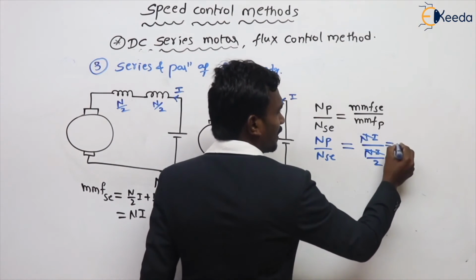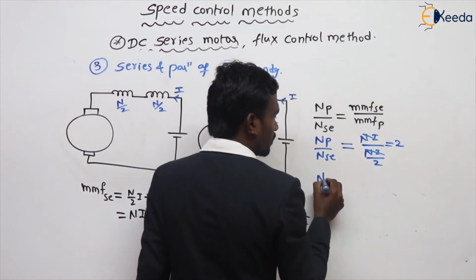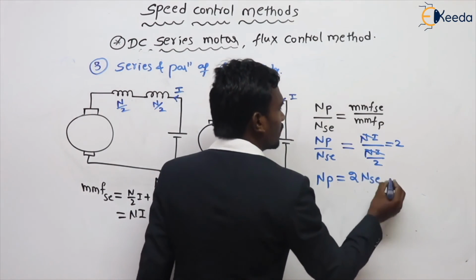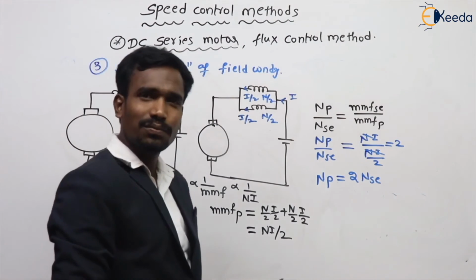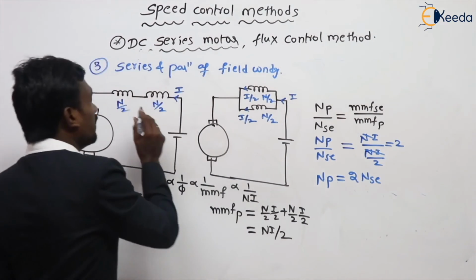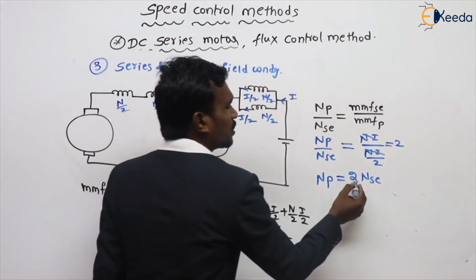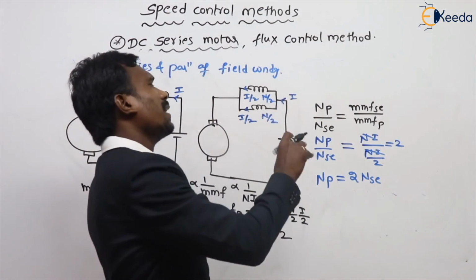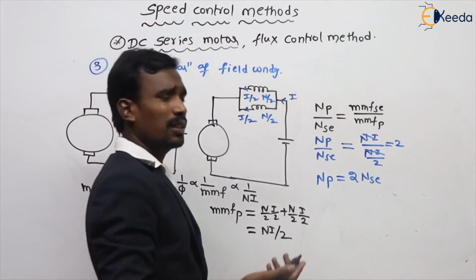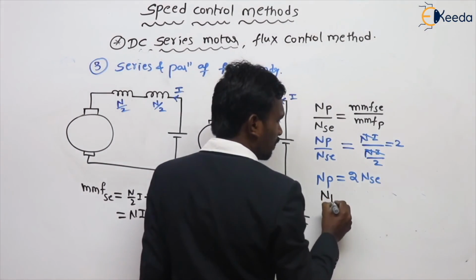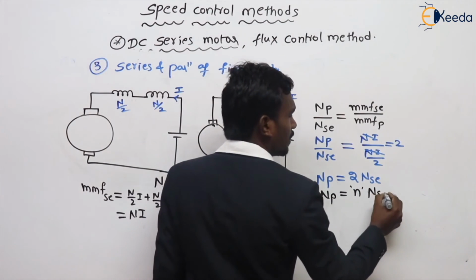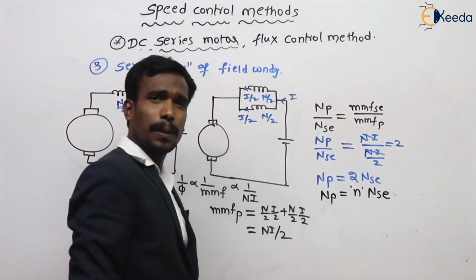NI gets cancelled, that is equal to 2. So the speed in parallel connection is equal to 2 times the speed in series connection. Are you getting or not? Here we have 2 parts, that's why this is 2. If you have 3 parts, that is 3 times, 4 parts 4 times, 5 parts 5 times. So the speed in parallel connection is equal to n times the speed in series connection.